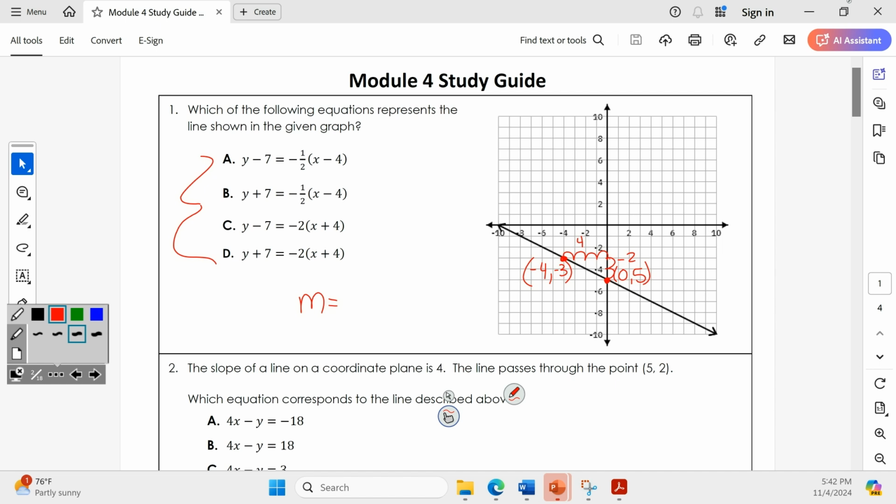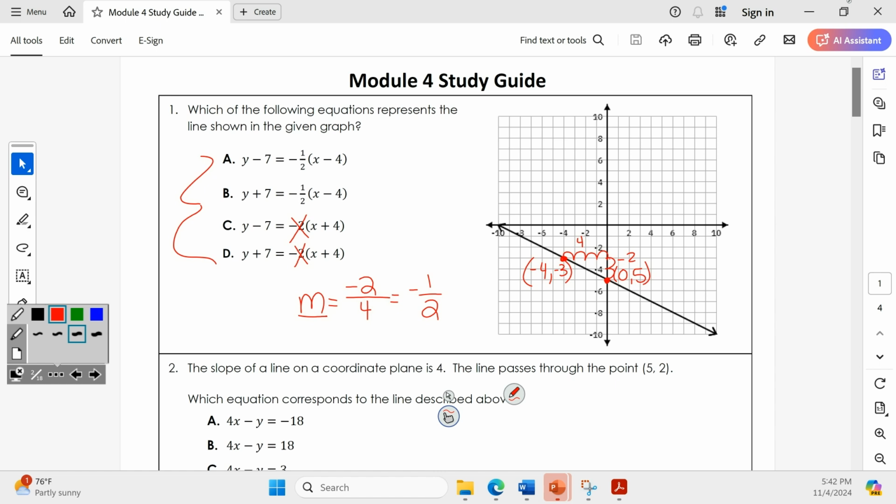So remember, we're going to put our rise, so -2 over 4, which simplifies to -1/2. So just by identifying our slope, we can eliminate C and D because they don't have the correct slope.